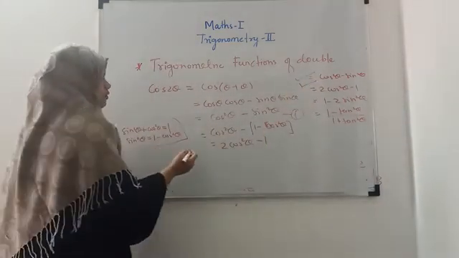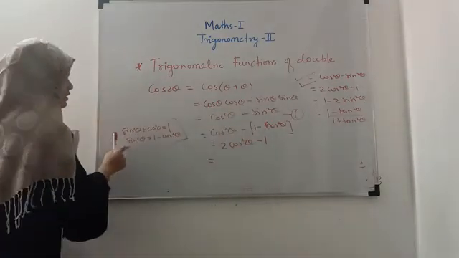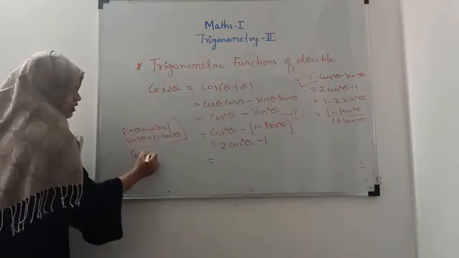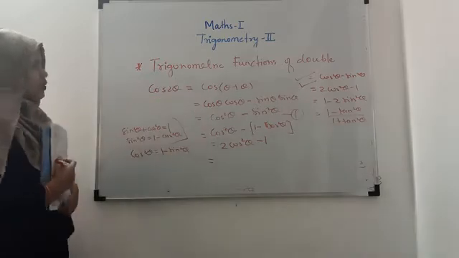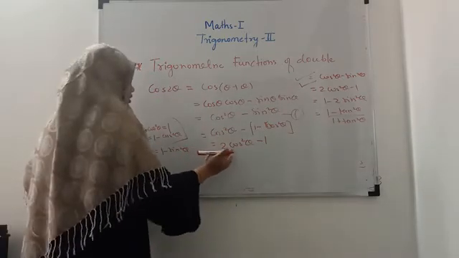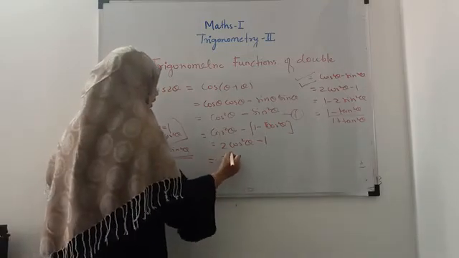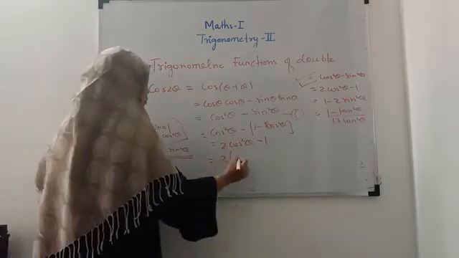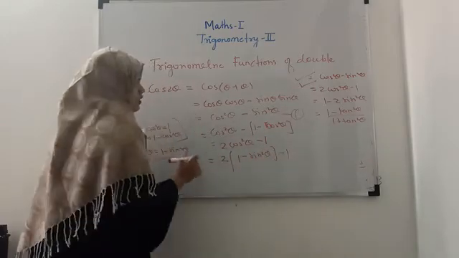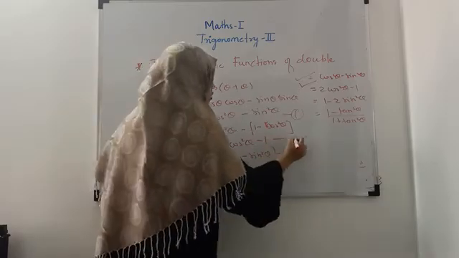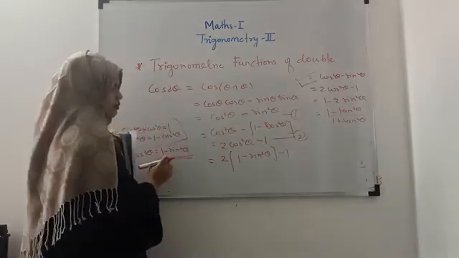Okay. Now, just as we put the value of sine here, similarly we can find the value of cos from here. Cos square theta becomes 1 minus sin square theta. So we will use that only. So here, instead of cos square theta, just put 1 minus sin square theta. So in 2 times cos square theta, we will put 1 minus sin square theta, minus 1. Okay. See, this one is your second formula. Now I have put cos square theta as 1 minus sin square theta.